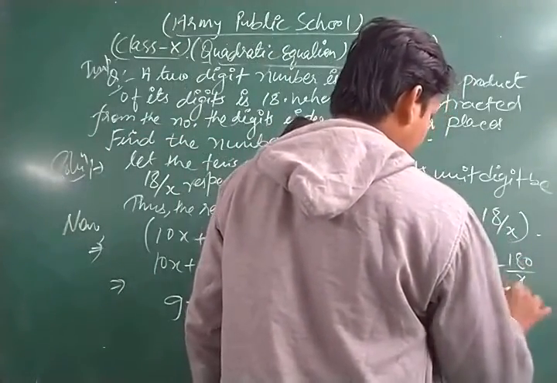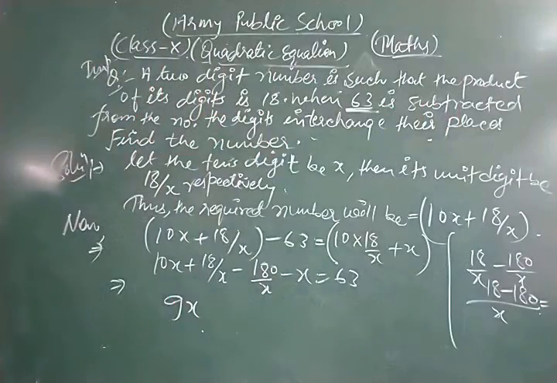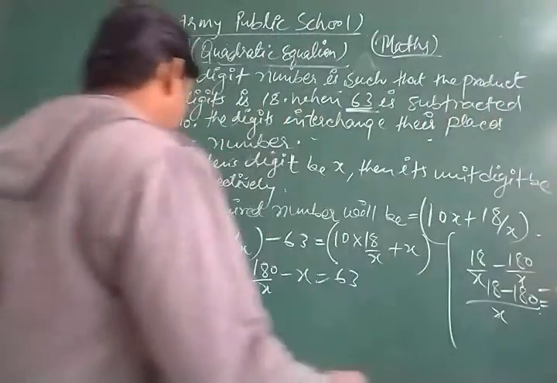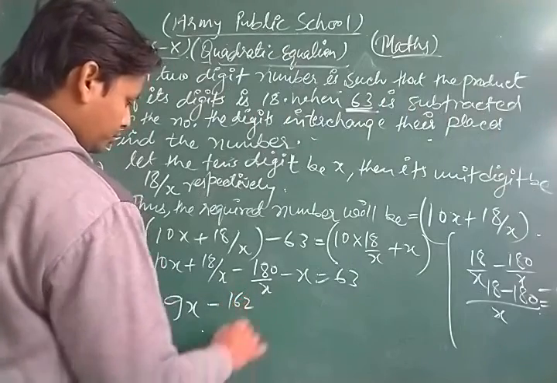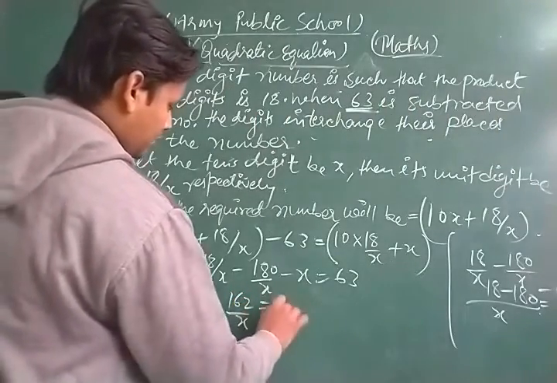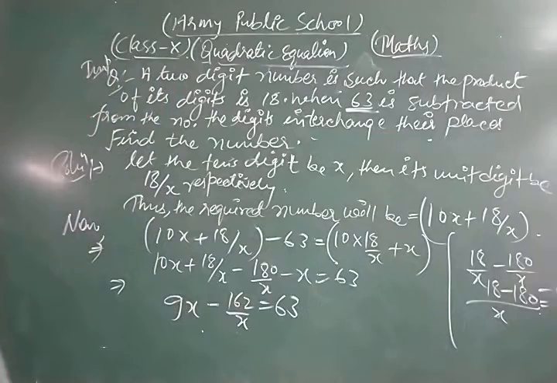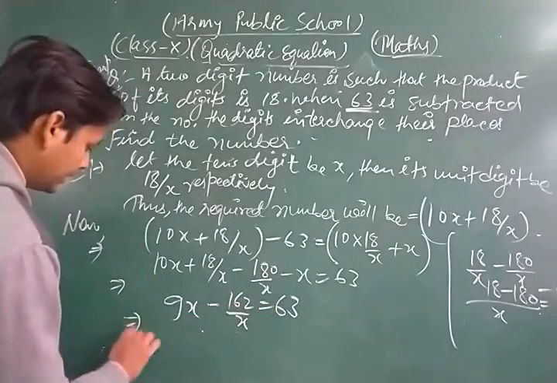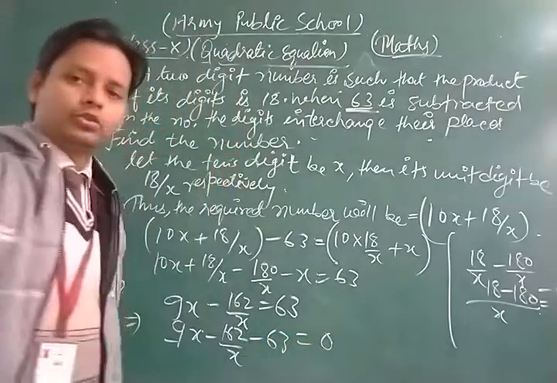Taking the LCM, 18 minus 180 is minus 162, so minus 162 upon x is equal to 63 after simplifying. Now we transfer 63 to that side, so 9x minus 162 upon x minus 63 is equal to 0.